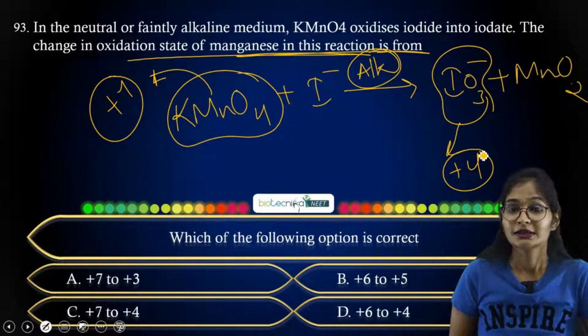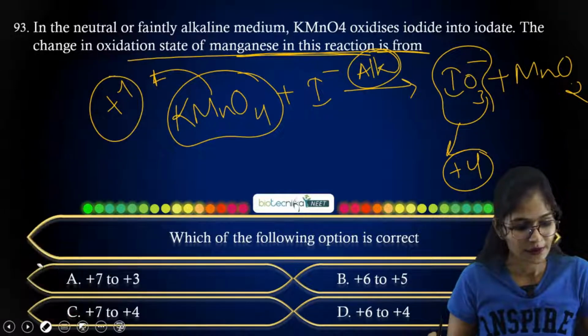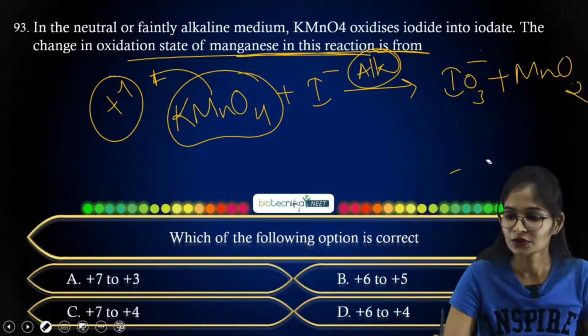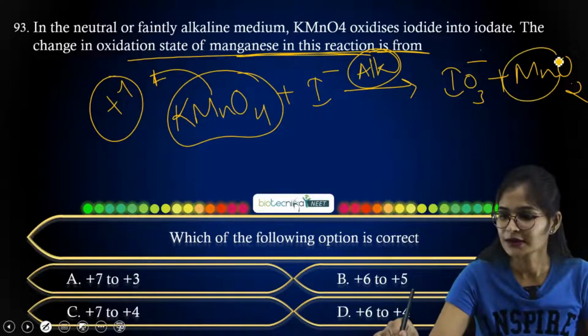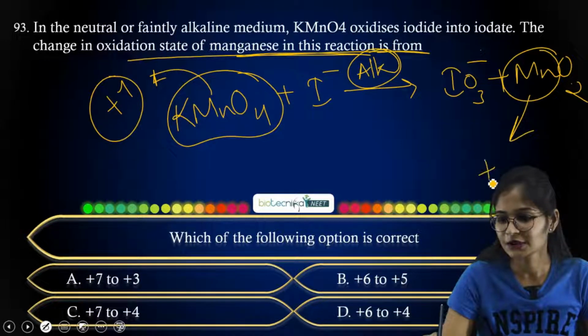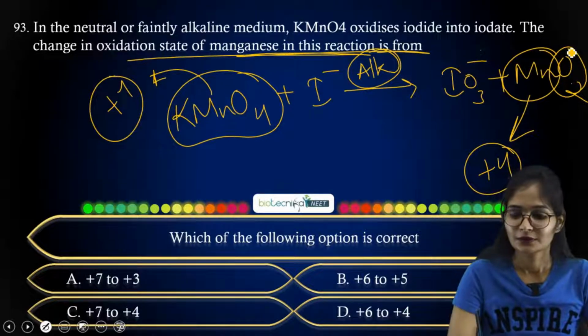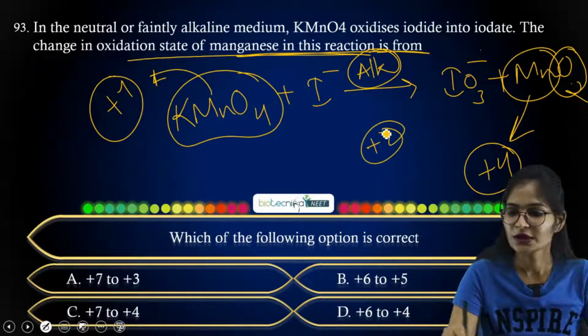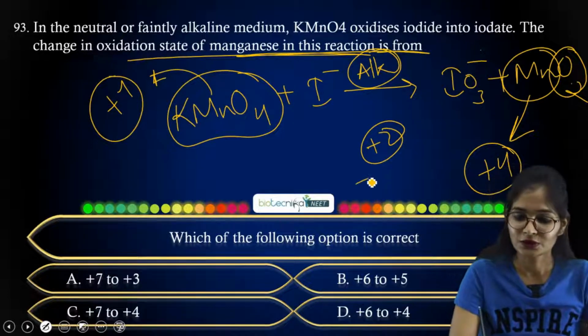Now we are going to consider the manganese in the product, MnO2. Its oxidation state will be +4. How is it +4? Oxygen gives a -2 charge, so with two oxygens overall you have -2 into 2, that is -4.